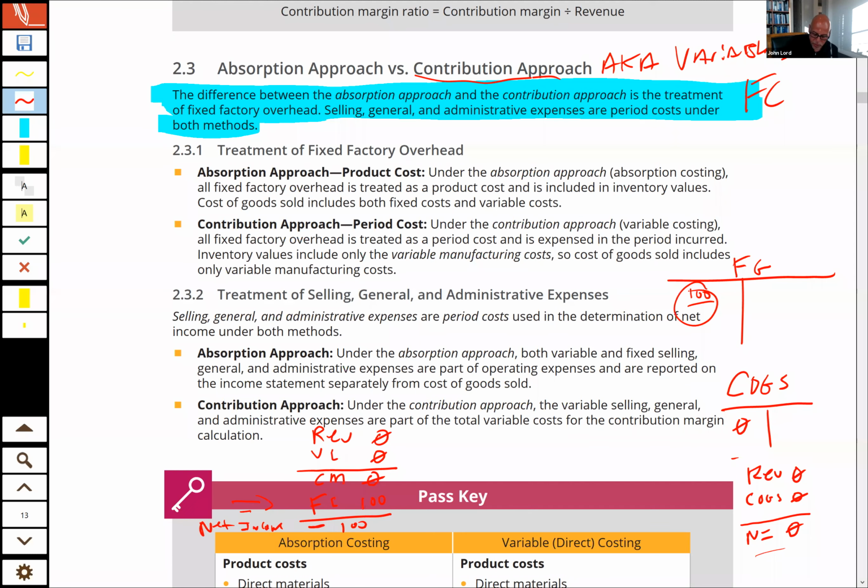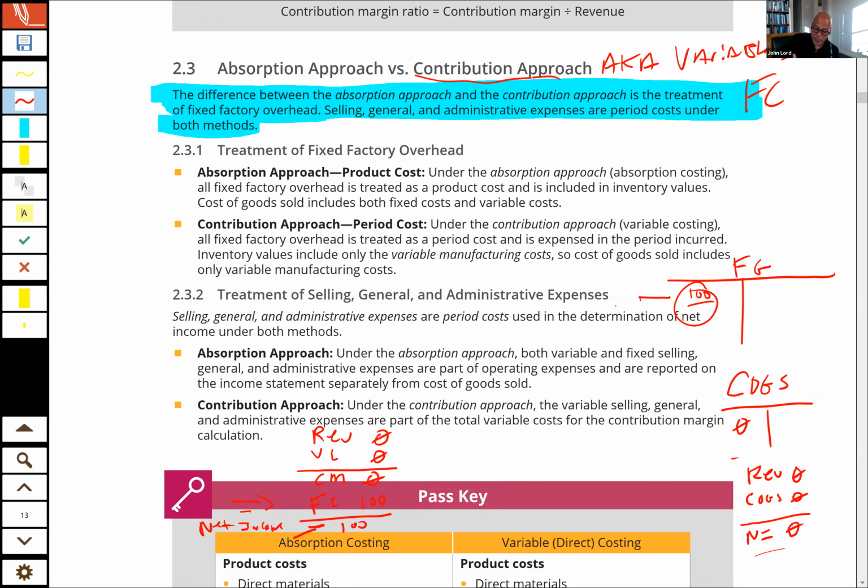That I take as a period cost under the contribution approach, right? See the 100? That's fixed cost. Here I'm treating it as an expense, and that's what's driving negative 100. And the difference is I'm showing lower net income. I'm showing a net loss under the contribution approach.